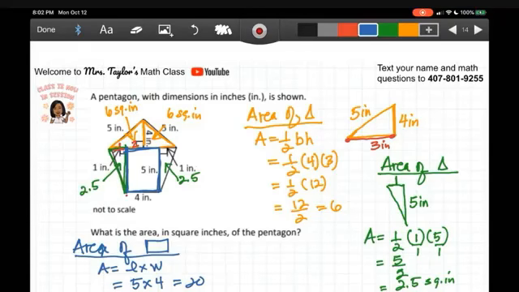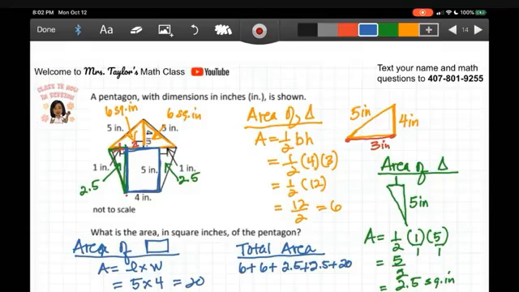So the total area is going to be 6 plus 6 plus 2.5 plus 2.5 plus 20.